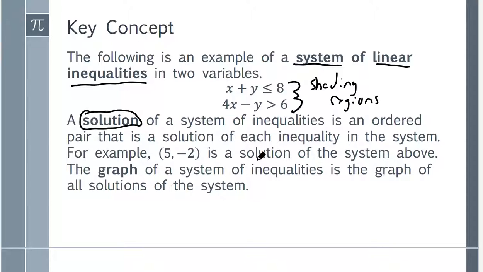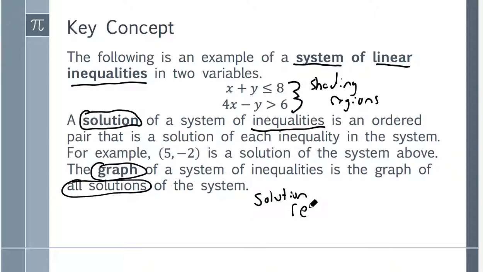The problem with inequalities is that there are many possible solutions. So what we need is all possible solutions of that system. What we're going to be graphing is what I call a solution region, because there are going to be many solutions that overlap.